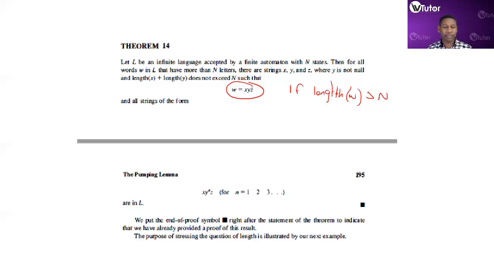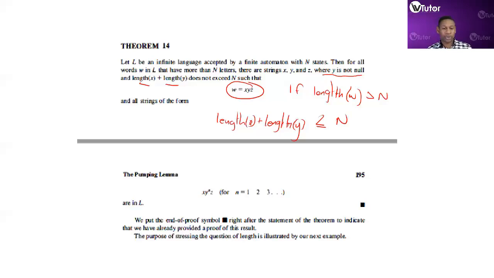And these substrings will be of the format where y is not null, and the length of x plus the length of y is less than or equal to n. So that is the restriction that we will be facing.